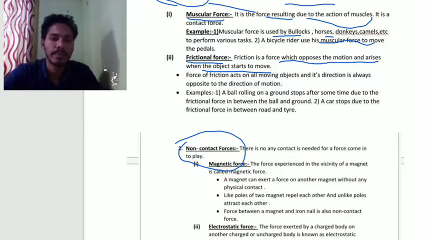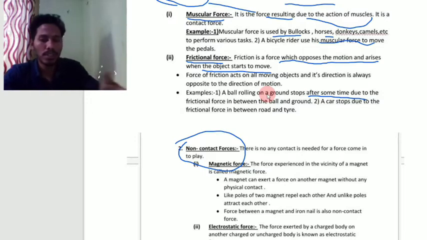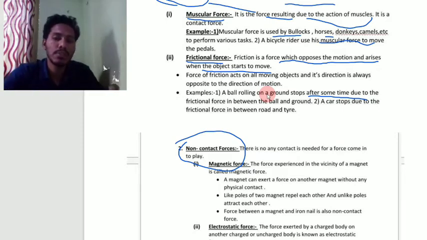There is an example here. A ball rolling on the ground stops after some time. It is due to frictional force between the ball and the ground. Second example, a car stops due to the frictional force between the road and the tire.